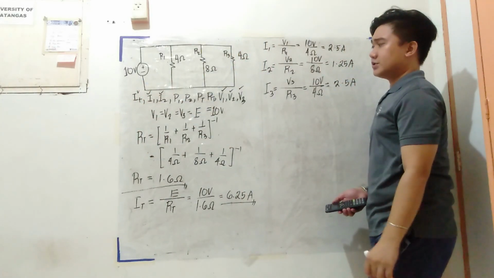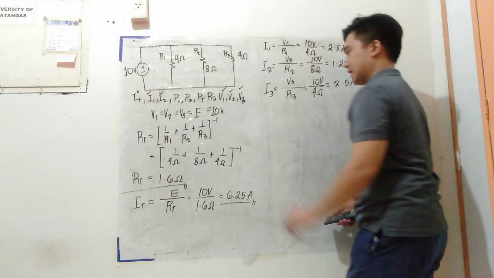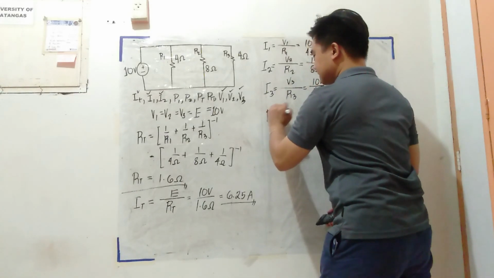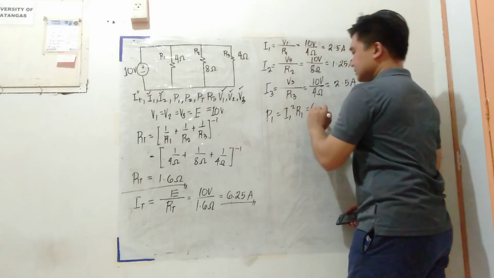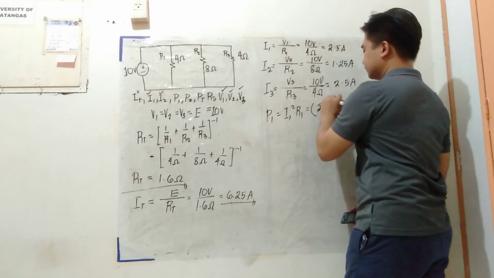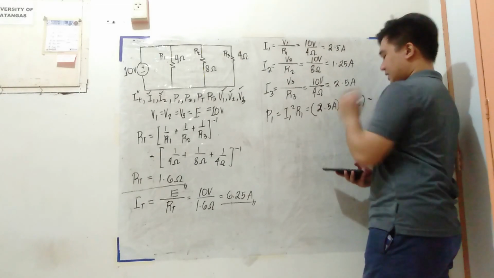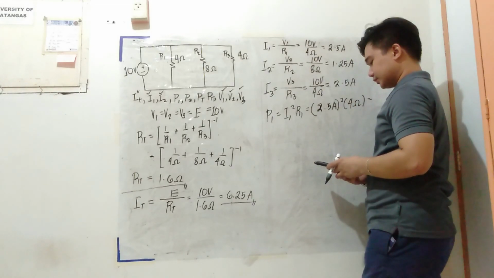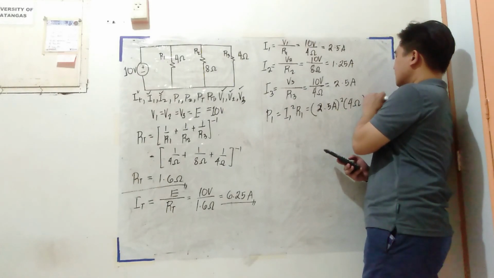Okay? Ang sunod natin pwedeng makuha is si P1, P2, P3, and P total. So, P1 is equal to I1 squared times R1. So that is 2.5 squared times R1, which is 4 ohms, and that is equal to 25 watts.